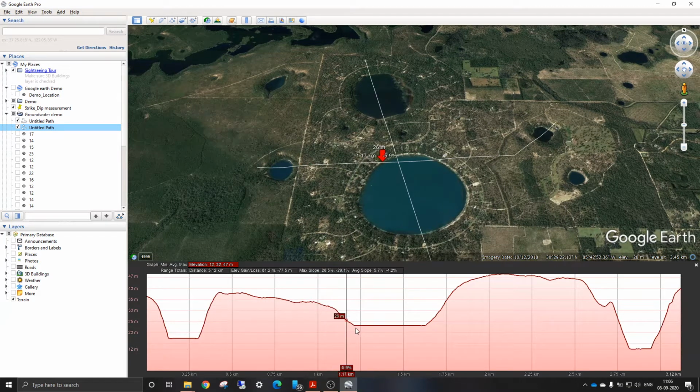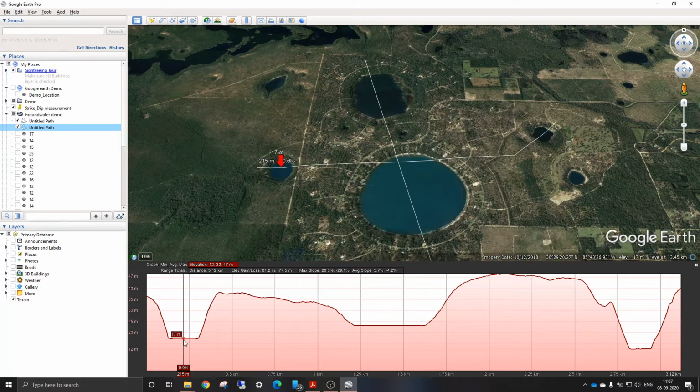But in this water body, the slope across the bank is rather gentle. Then again here, you can see the slope is very steep. As you can notice, the water level here and here is 13 meter, here it is 17 meter.